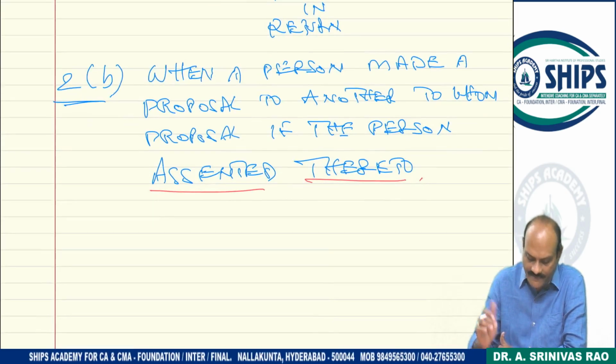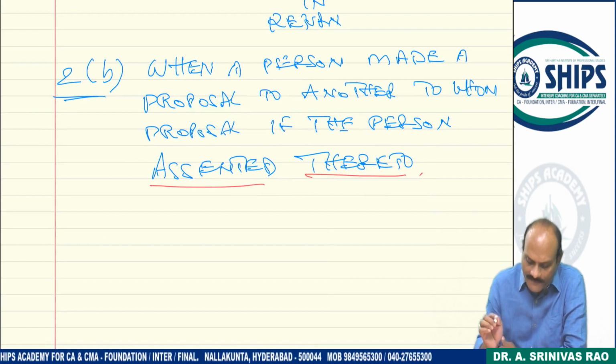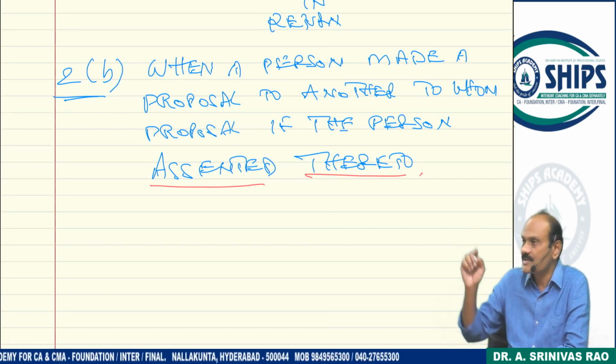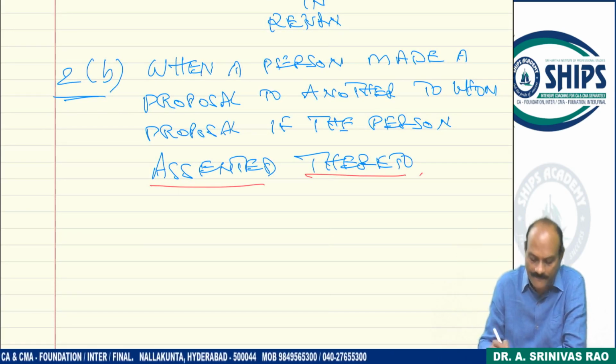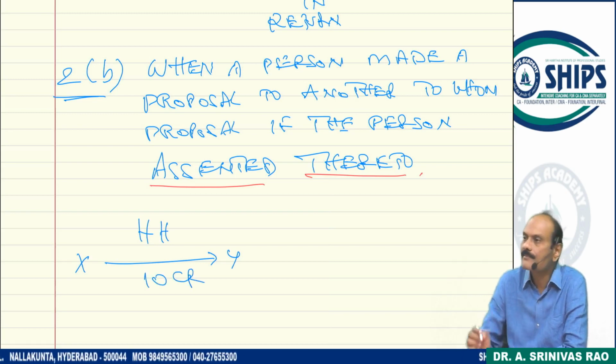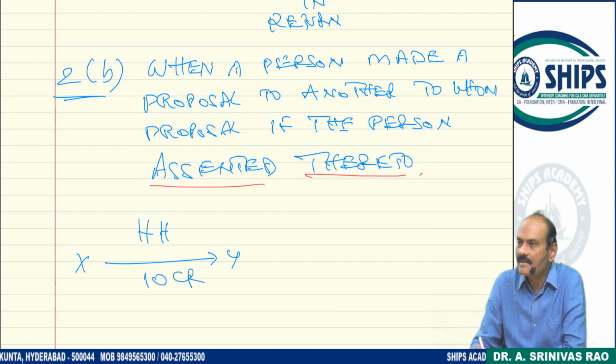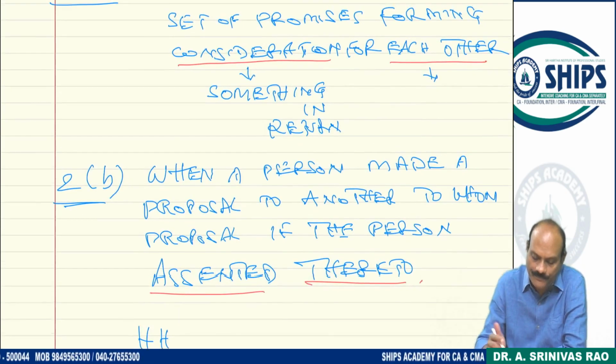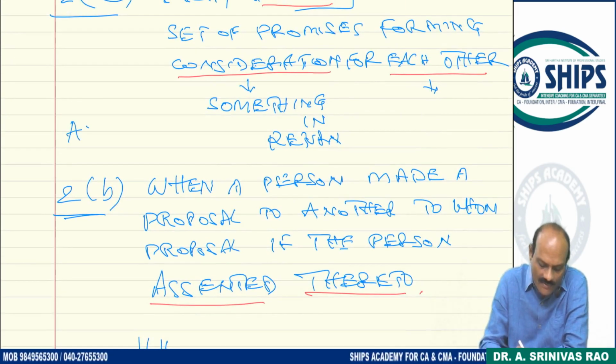Now let us see, guys. With the help of one example, we try to understand whether the three definitions are being satisfied or not. X made a proposal to Y. Mr. Y, will you buy my Himayat Nagar house for 10 crores? Y said, yes. What is agreement? Remember, from now on, agreement is equal to offer plus acceptance.